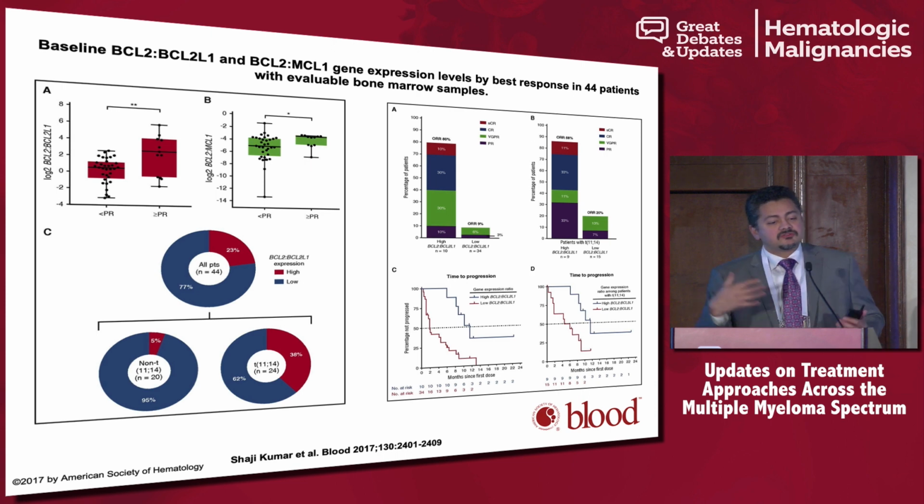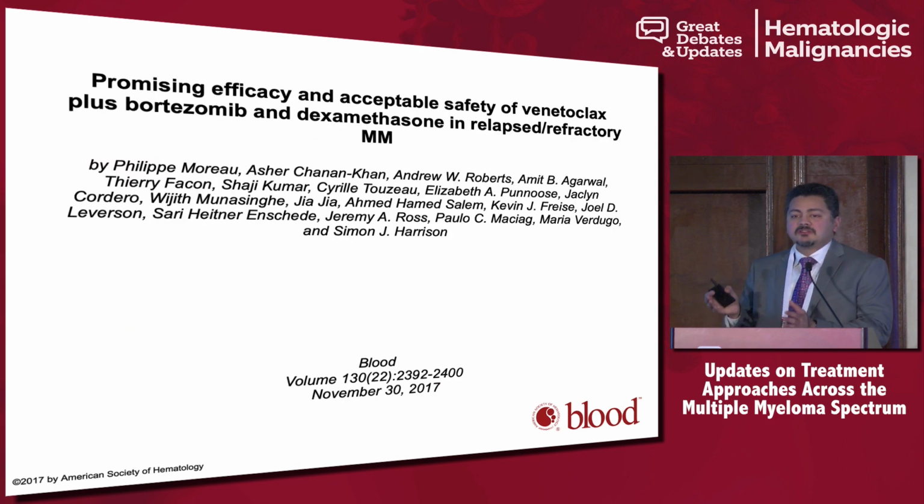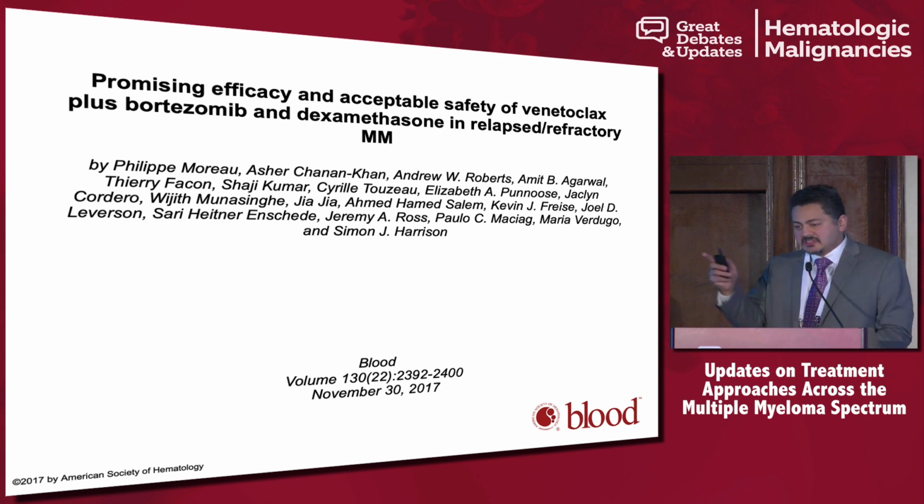So the story was coming together that we not just have a molecular subgroup that identifies with a specific small molecule, but you actually have an assay that you can utilize to predict, okay, this patient is going to respond to this therapy versus this patient who will likely not respond.